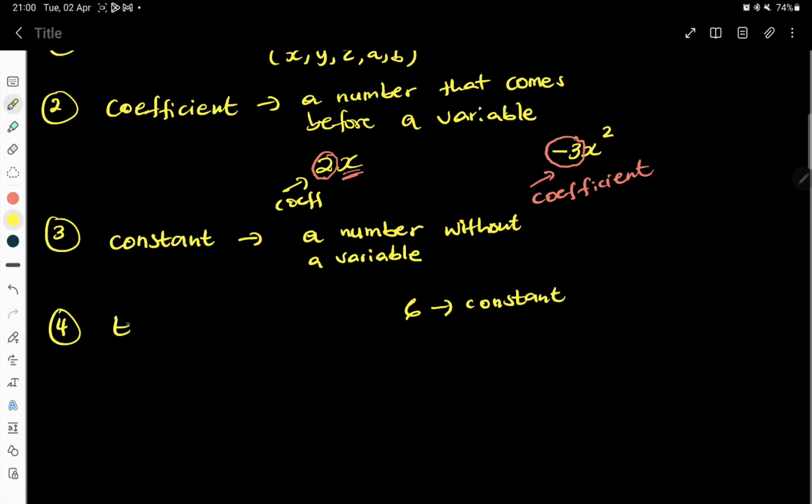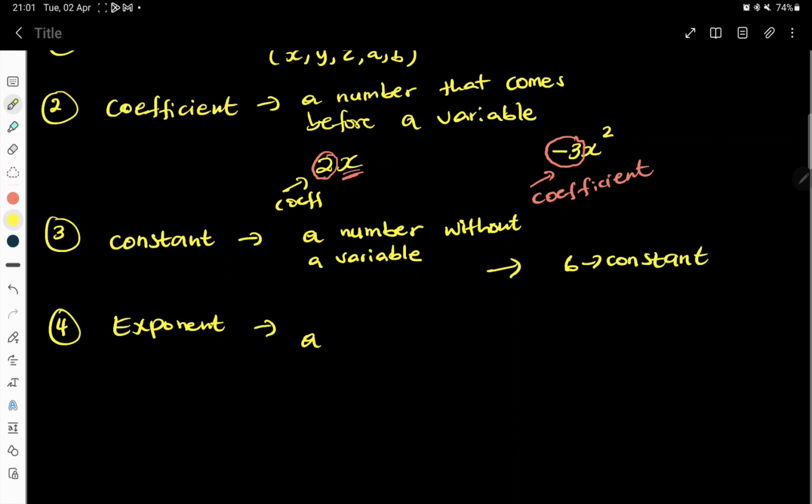Then we have what is known as an exponent. An exponent is a number that your variable is raised to.